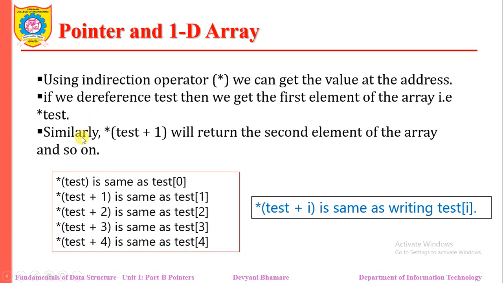So we can access the element by using the indirection operator. Similarly, the value at test plus 1 returns the second element of the array. If you write *(test + 2), we are getting the third element of the array, and so on. So we can directly use the array name as a pointer with the indirection operator.